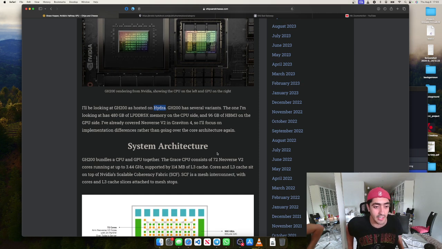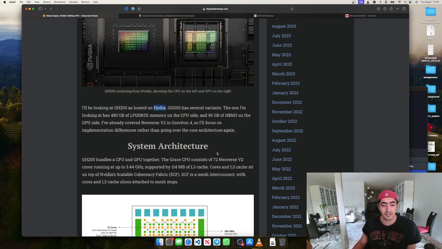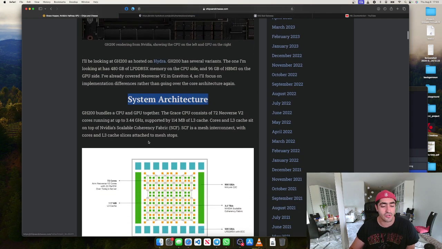The one I'm looking at has 480 gigabytes of LPDDR5X memory on the CPU side and 96 gigabytes of HBM3 on the GPU side. I've already covered Neoverse V2 in Graviton 4, so I'll focus on implementation differences rather than going over the core architecture again. System architecture. GH200 bundles the CPU and GPU together.